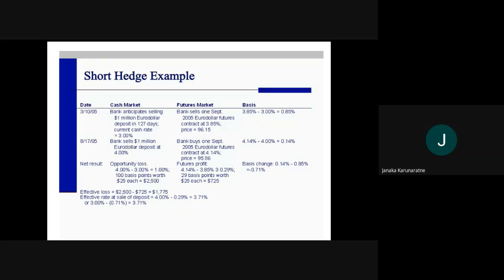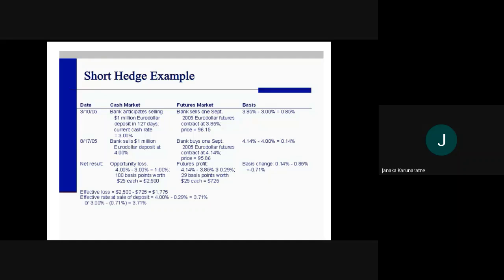So what is the futures profit? 4.14 minus 3.85. By selling the futures contract, you got a gain of 0.29%, 29 basis points. So what is the total gain in the futures market? $25 times 29. That is 725.